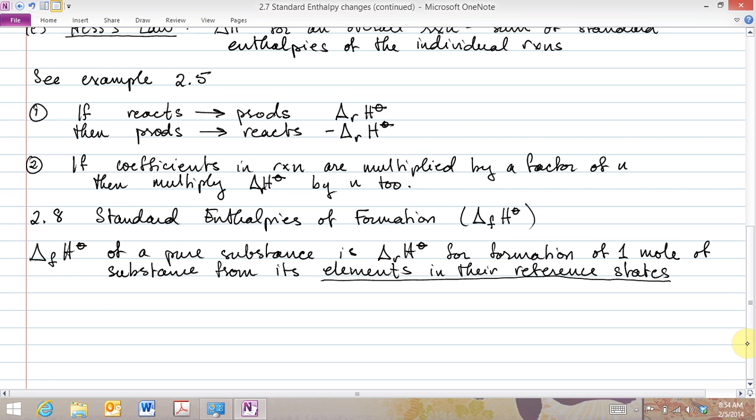So, first of all, let's define what a reference state is.